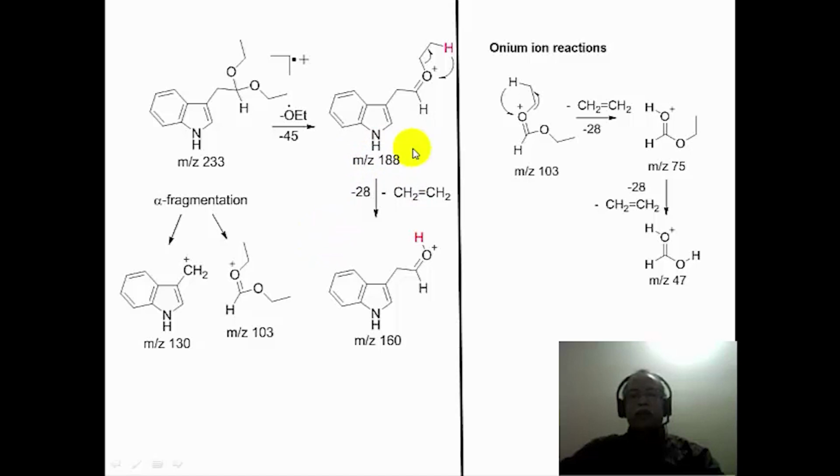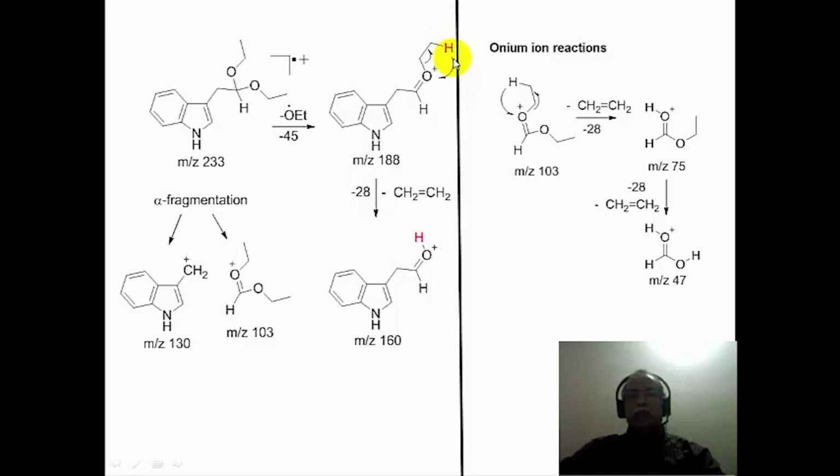Whenever an oxonium ion is formed, it is followed by an onium ion reaction. The onium ion reaction is essentially the migration of a hydrogen from the beta position to the onium atom, that is, in this particular case the oxonium oxygen atom, with the concomitant loss of a molecule of ethylene. So the loss of 28 mass units will give you a fragment which corresponds to 160.